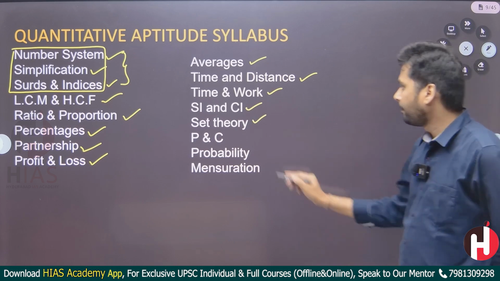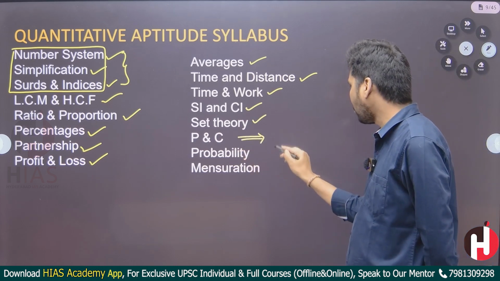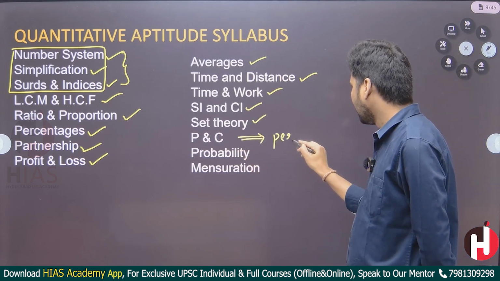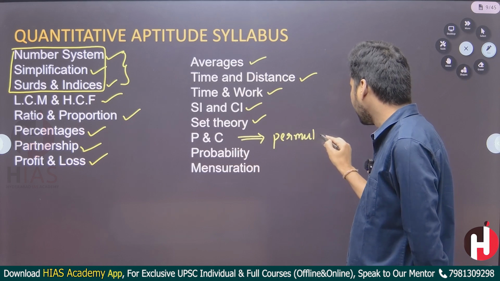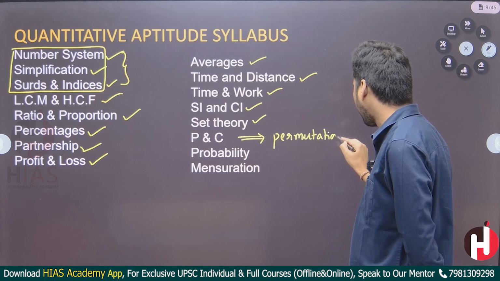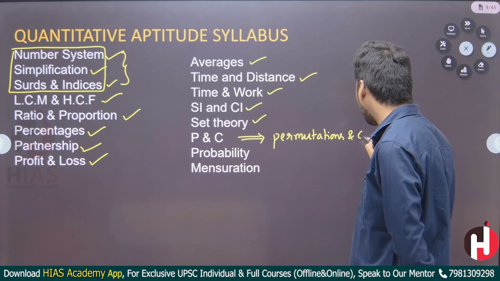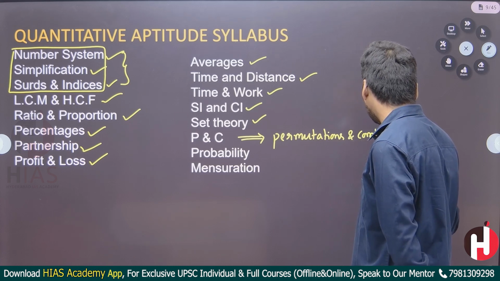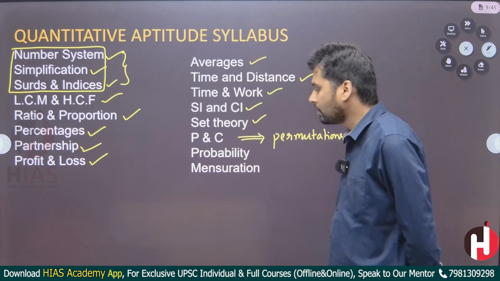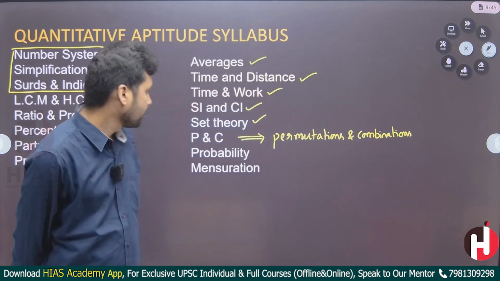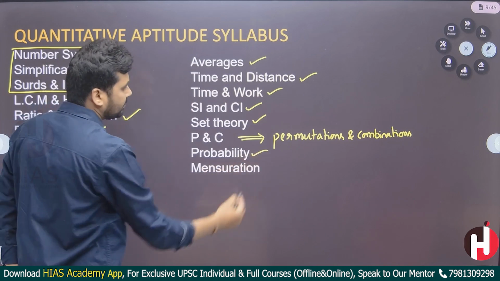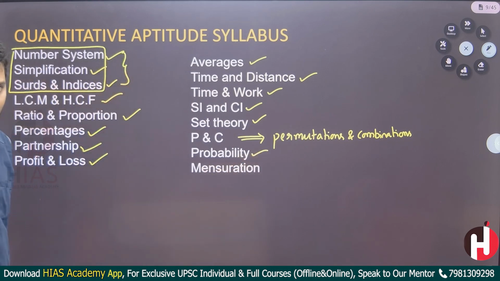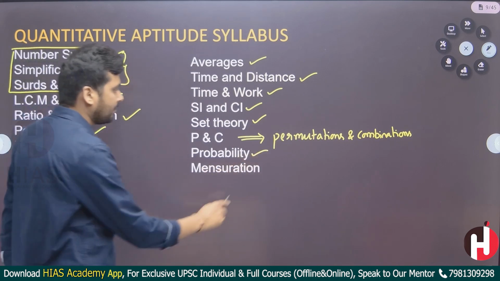Set theory. PNC is the topic we are talking about, permutations and combinations. Next one is probability. Next topic is mensuration.